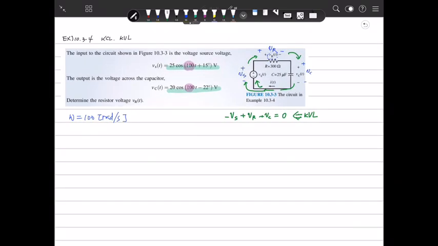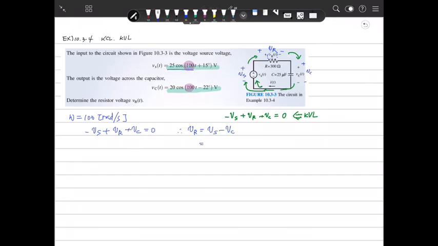So based on KVL, we can write minus Vs plus VL plus VC is 0. Therefore, VL is the same as Vs minus VC.